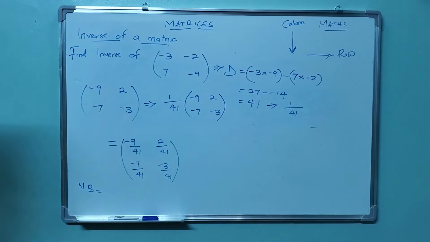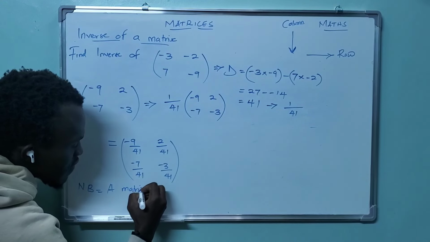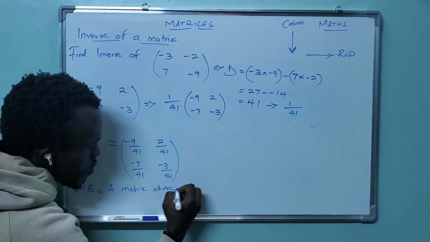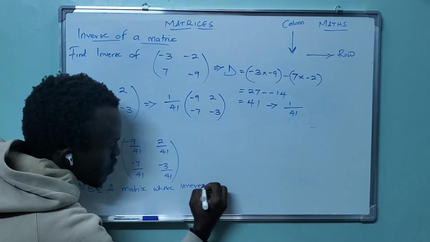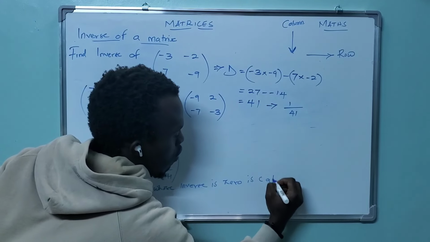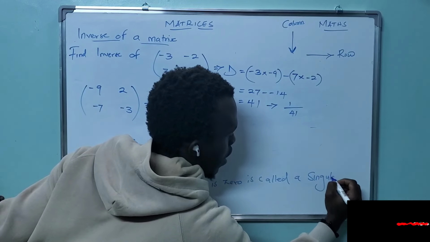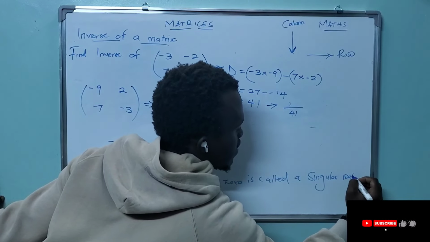So an NB here, we are going to say a matrix whose determinant is 0 is called a singular matrix.